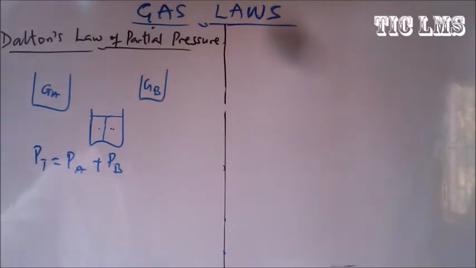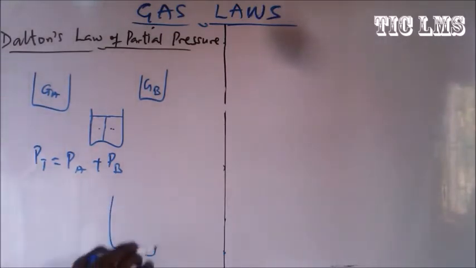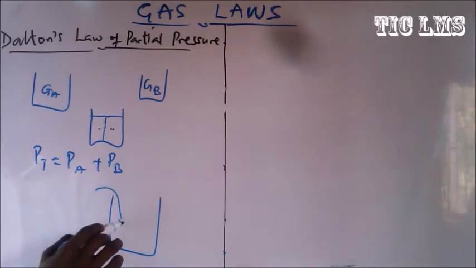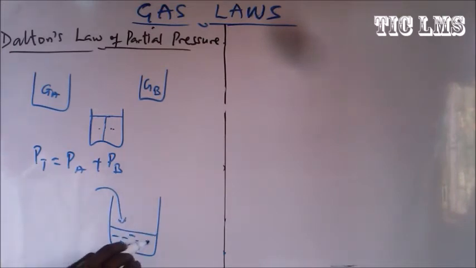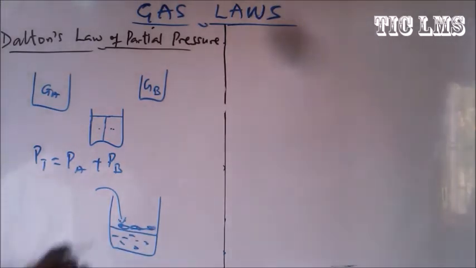This law is basically used when correcting pressures of gases collected over water, because when a gas is formed and it is collected over water, we should take note that the water itself has its own vapor, and so the gas which is collected over water is not the only pressure we will be having.